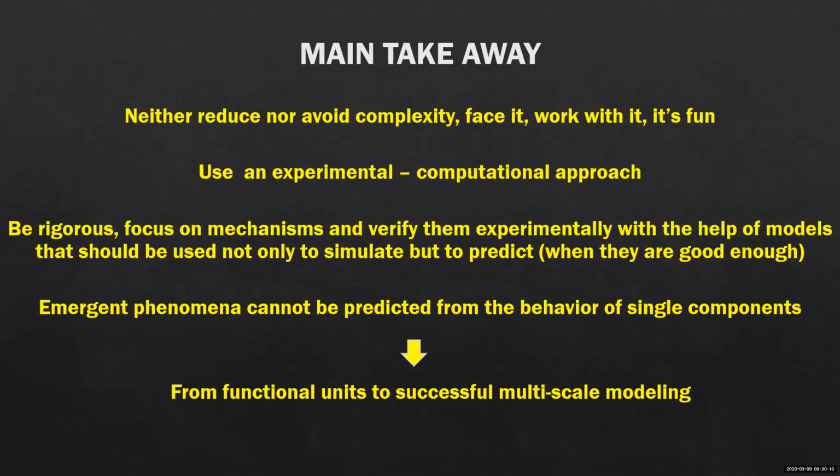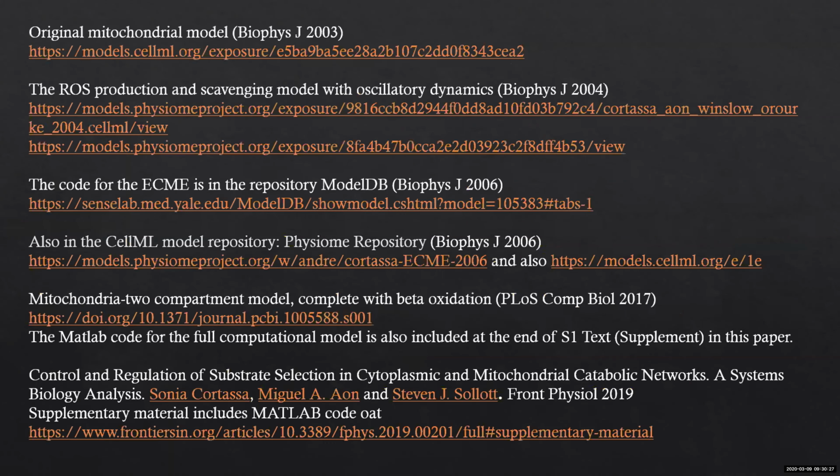And as you know, emergent phenomena cannot be predicted from the behavior of single components, but when you connect the functional units with the right mechanisms, that can lead to successful multi-scale modeling. So to finalize, here are some links where our models have been published or are in repository places. So, well, thank you very much.